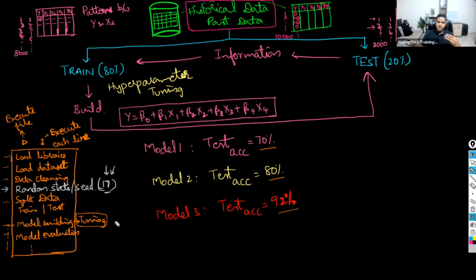So whenever you tweak your hyperparameters and once again run the entire file, the moment it comes to this line, it will figure out that random state is 17, and 17 holds the information that these observations should be part of training and these observations should be part of test. And then you build your model, evaluate your model, job done.